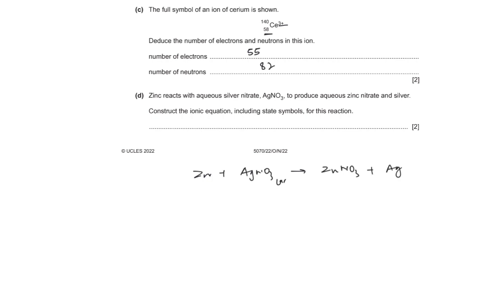Nitrates are all soluble, so they are aqueous. So you split them into their ions. The nitrates cancel each other out, but the silver ion remains, and on the other side the zinc ion remains, and you write Ag here. You also have to write state symbols. Zinc is a solid. The ions are all aqueous, and the silver will be solid.